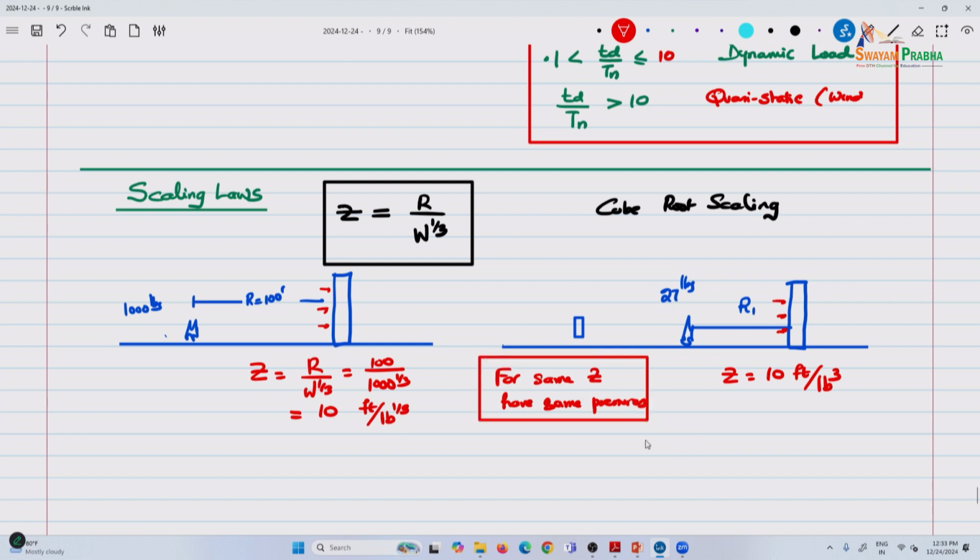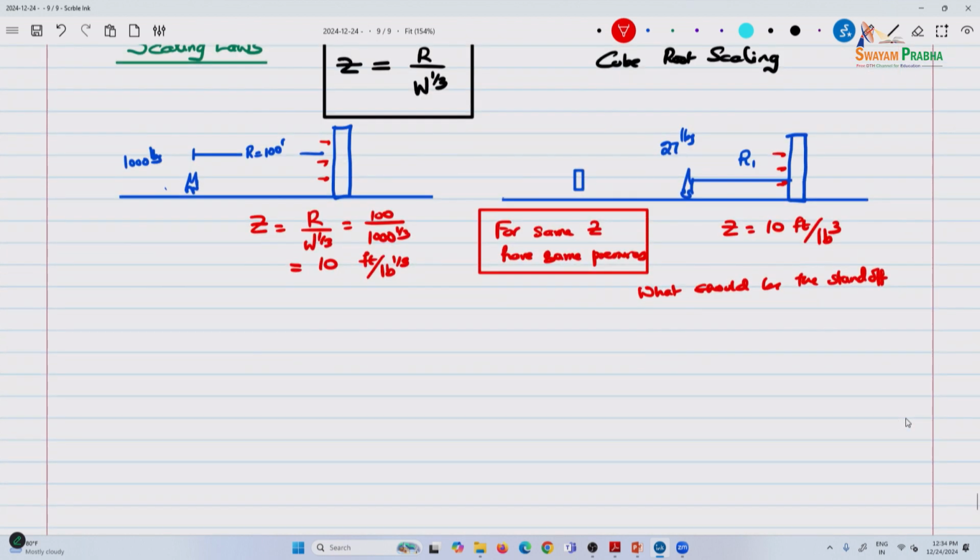So the question is, what should be the standoff? 30 feet, right? In this case it is 10, which is nothing but R divided by 3, the cube root of 27. What you have to keep in mind, look at this, 27 pounds at, I am sorry, 1000 pounds.